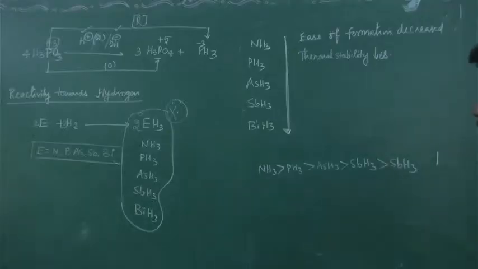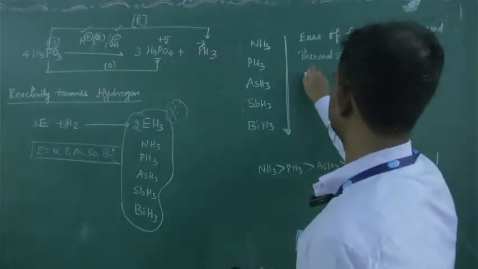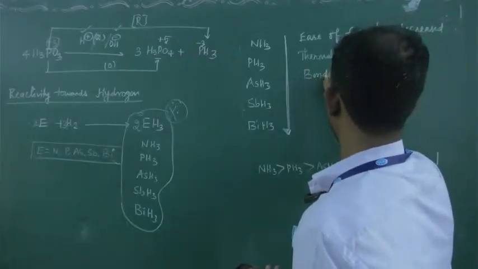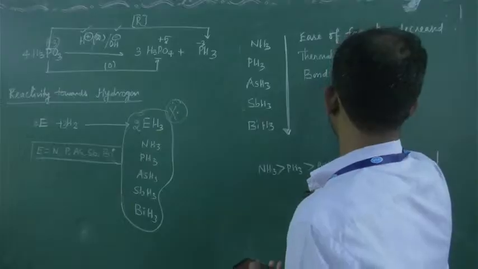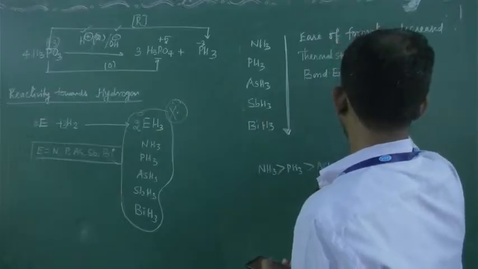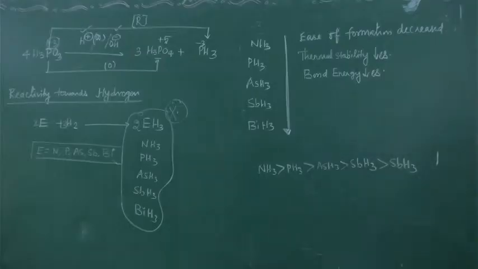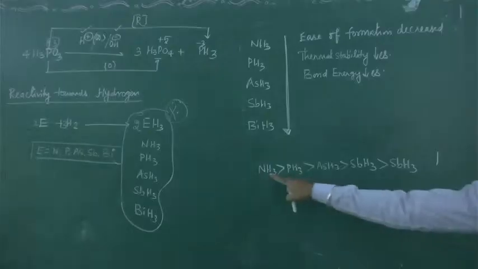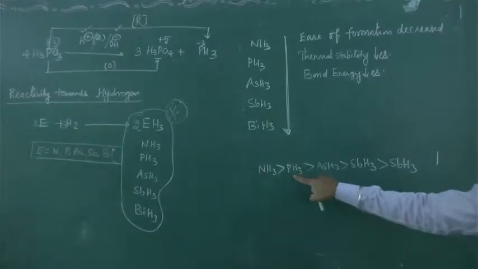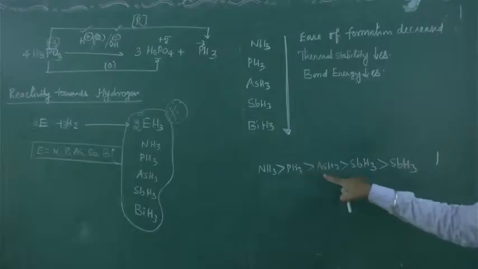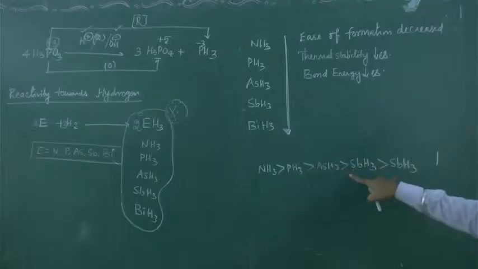Next point, bond energy. Bond energy or bond dissociation energy decreases down the group. What is bond dissociation energy? In this case N-H, in this case P-H, arsenic-hydrogen, antimony-hydrogen.